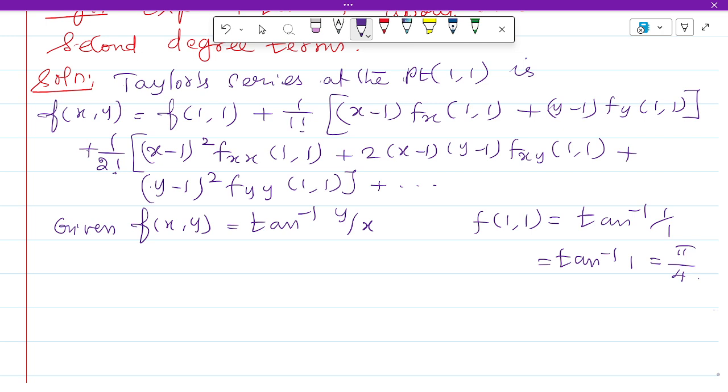Next we have to differentiate f(x, y) partially with respect to x. This step is over. Next we are going to find fx and fy. Actually this is the 0th order.